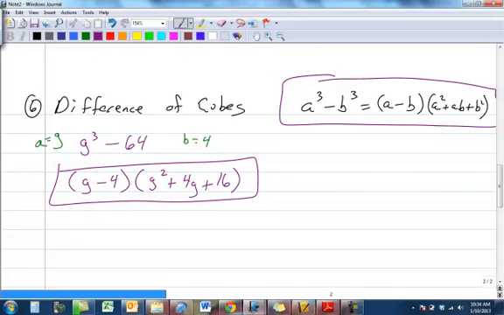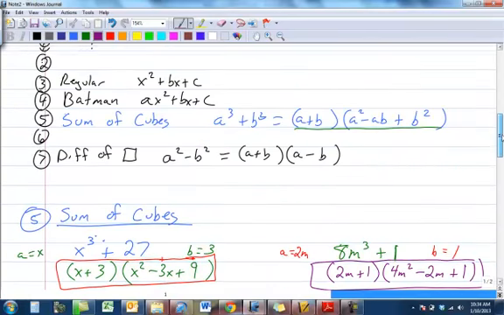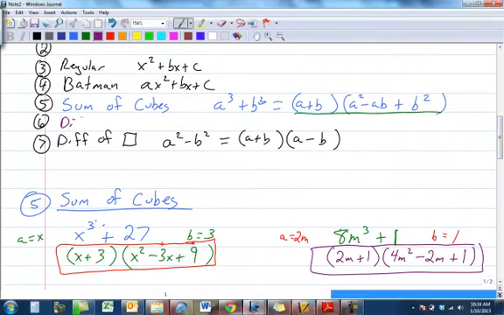All right, so let's add that to our list. Number 6 is difference of cubes. That is a cubed minus b cubed equals a minus b, times a squared plus ab plus b squared. So here's the thing. You'll notice that these are awfully similar.